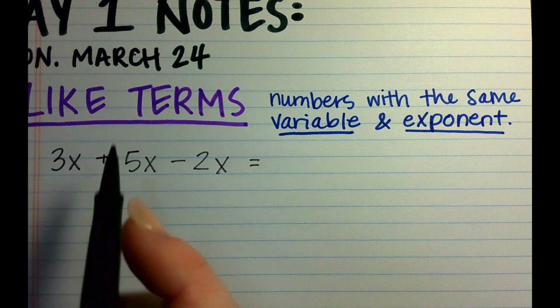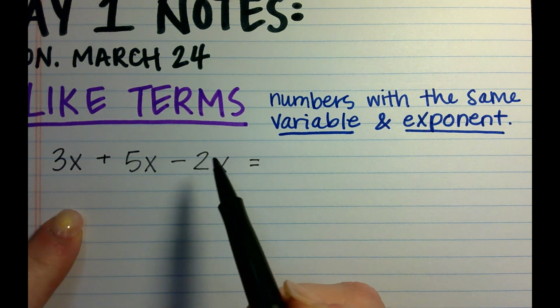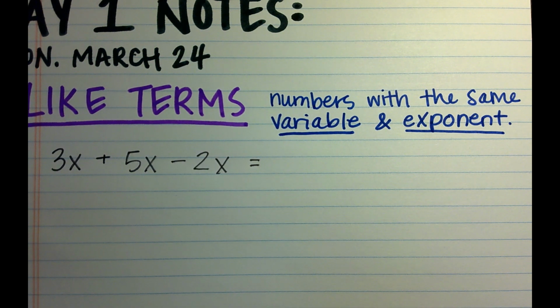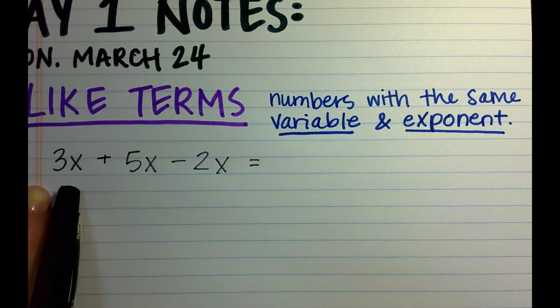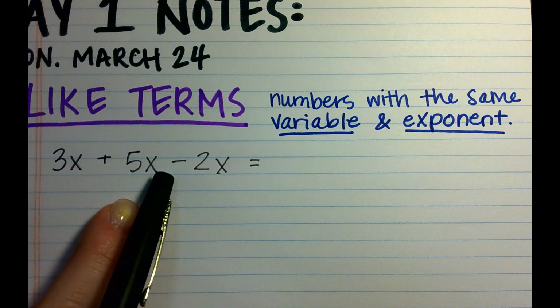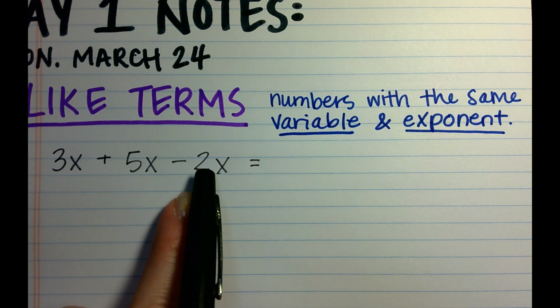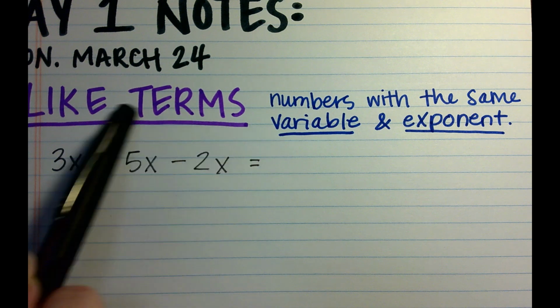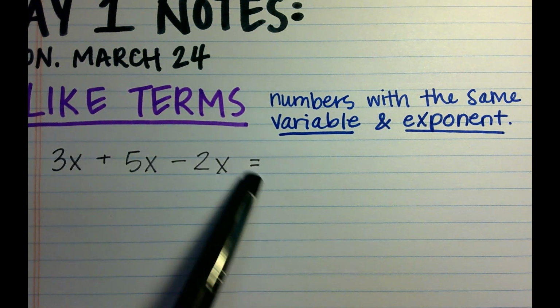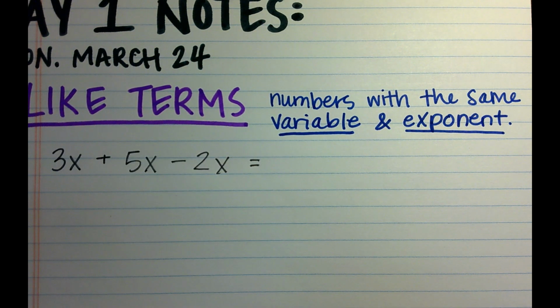It's the same. Whenever we have like terms, this means that we can add and subtract them together like normal numbers. It means I have 3 x's, 5 x's, and then I'm taking away 2 x's. How could I solve this problem here? What would I do?